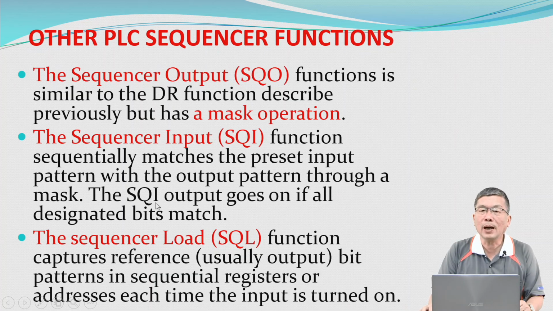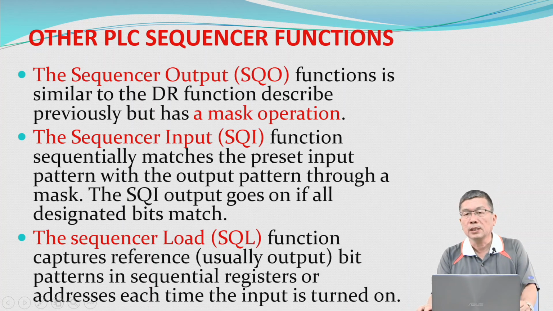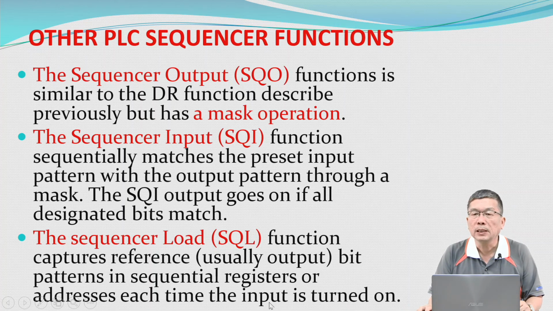The SQI output goes on if all designated bits match. The sequencer load SQL function captures reference using output bit patterns in sequential registers or addresses each time the input is turned on.